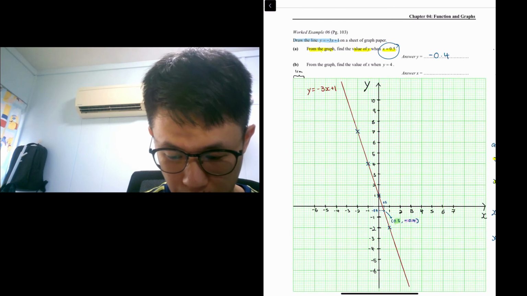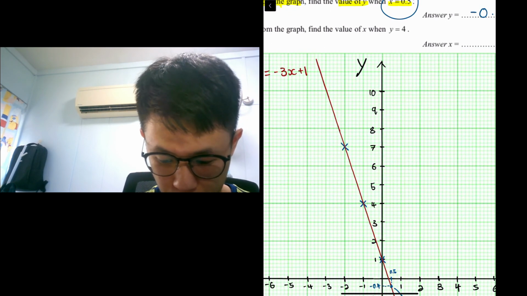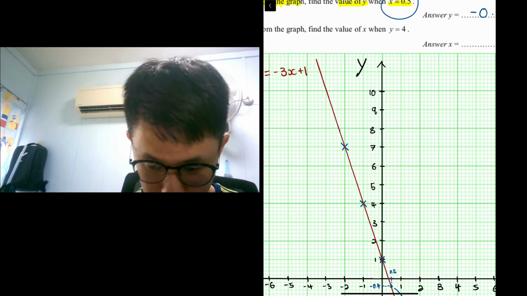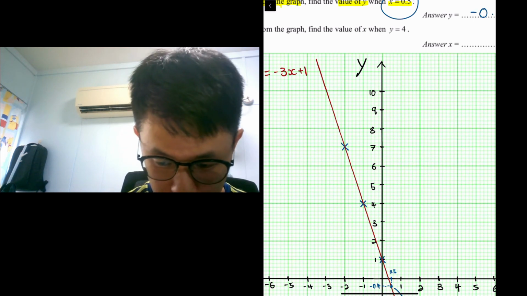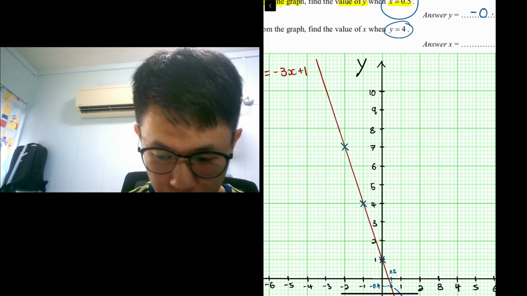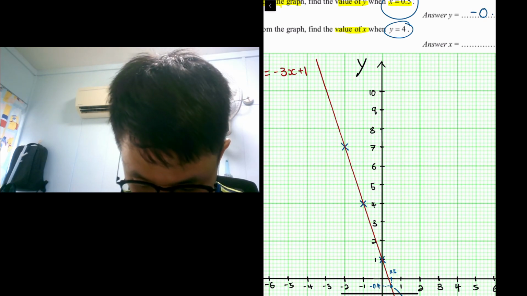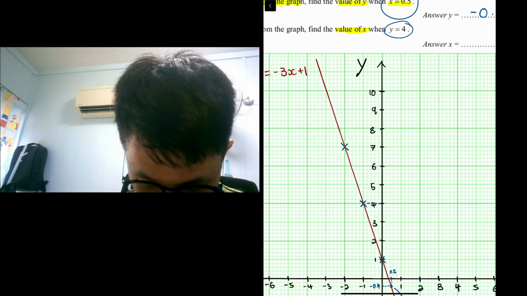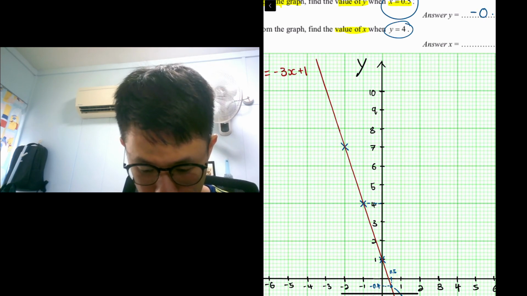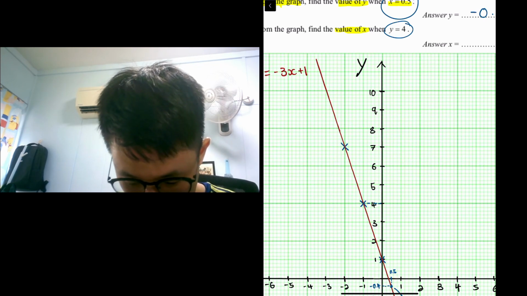What happens when y equals to 4? So when y equals to 4, we're talking about this question now. Find the value of x. So y equals to 4 is here. Oh, but it's somewhat this point, right? This point that we found. This is very good. Since this point that we found is the answer, actually this is the answer already.